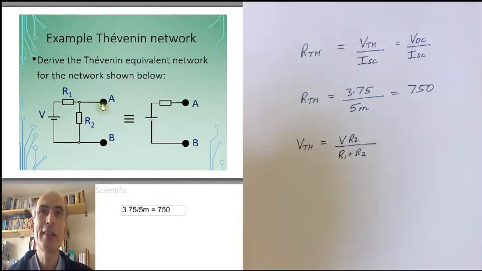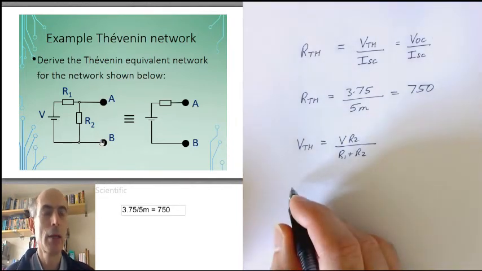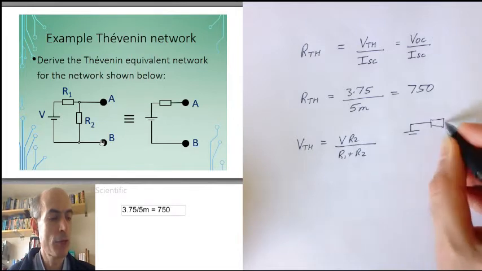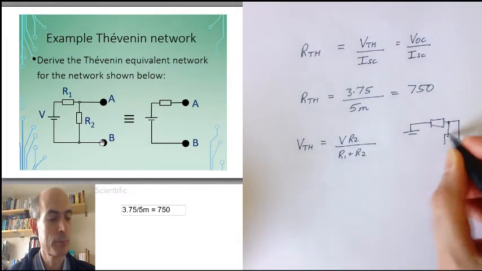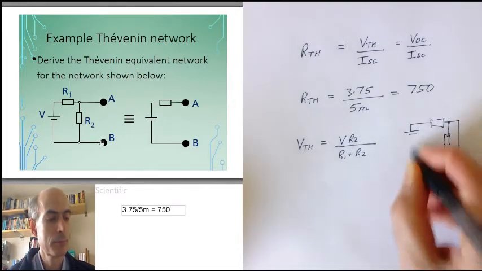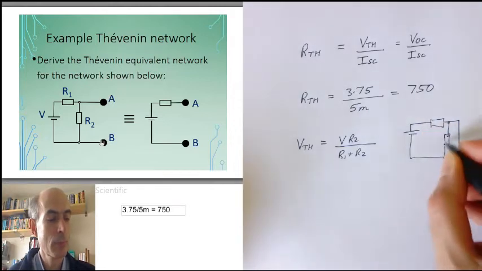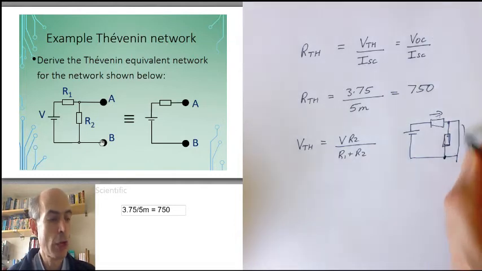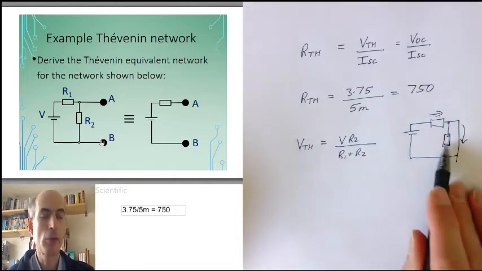The short circuit current would be the current that flows when A and B are directly connected together. And if I directly connect them together, then I would have effectively this circuit. Well, all of the current through this resistor would flow down through the short circuit. None of it would flow through the resistor.